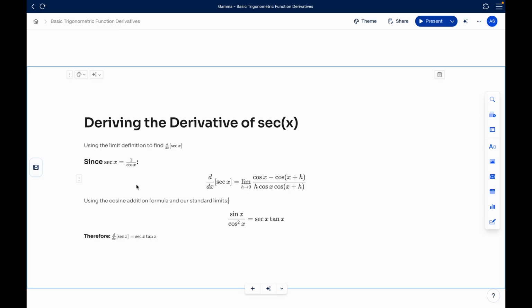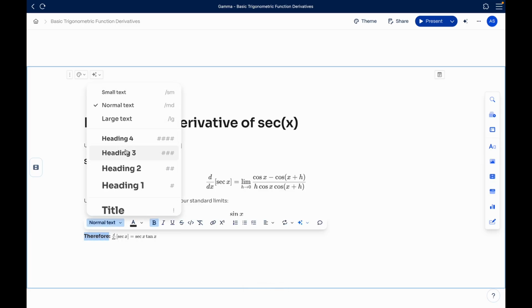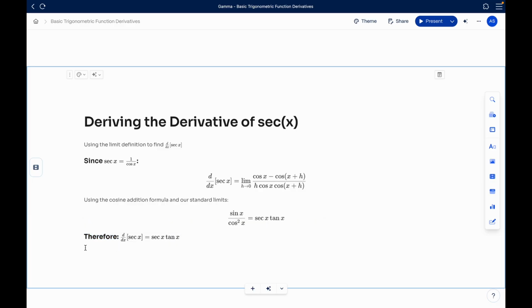Then, using the cosine addition formula and our standard limits, we end up with sine x over cosine squared x, which is equal to secant of x tangent of x. Therefore, d by dx of secant of x is equal to secant of x tangent of x.